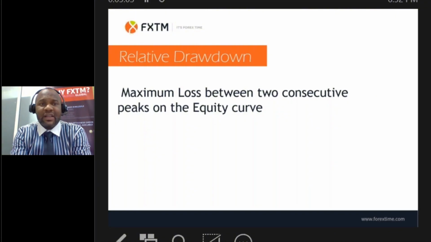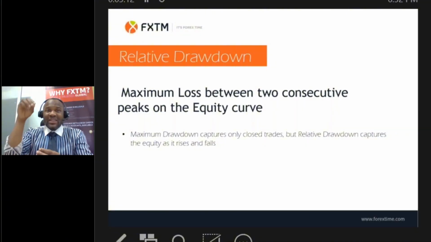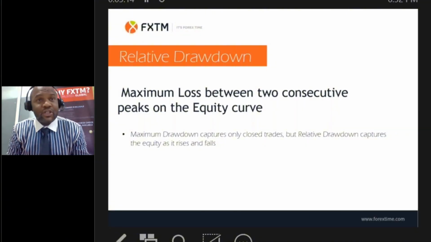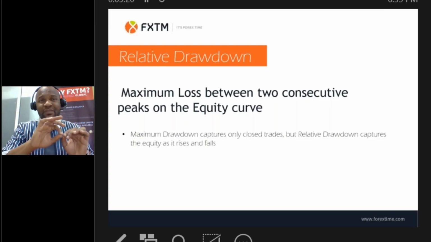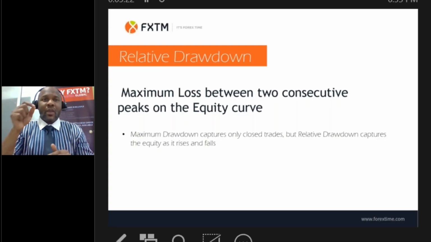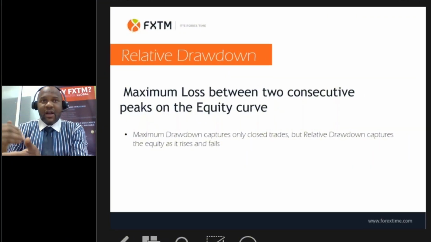Okay, there's no need to go over that again. It's going to be shown on your MT4, even the MT4 result that MT4 publishes out for you. It will show relative drawdown, even though the MT4 result publishes its curve only with closed trades. That's a balance curve, not an equity curve. But in the analytics, it will show you relative drawdown.